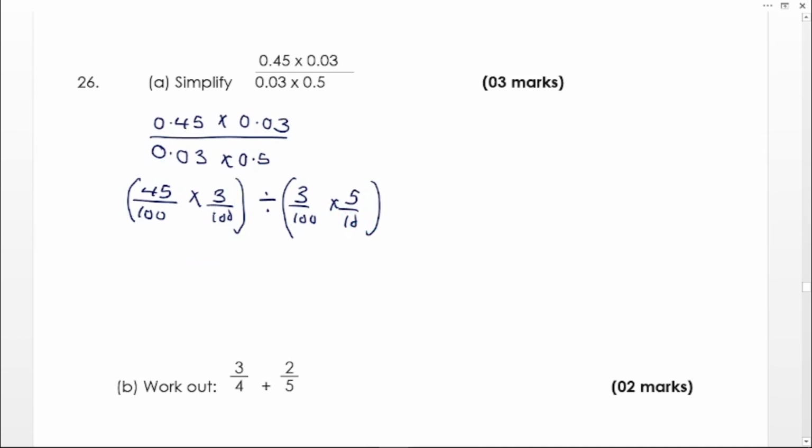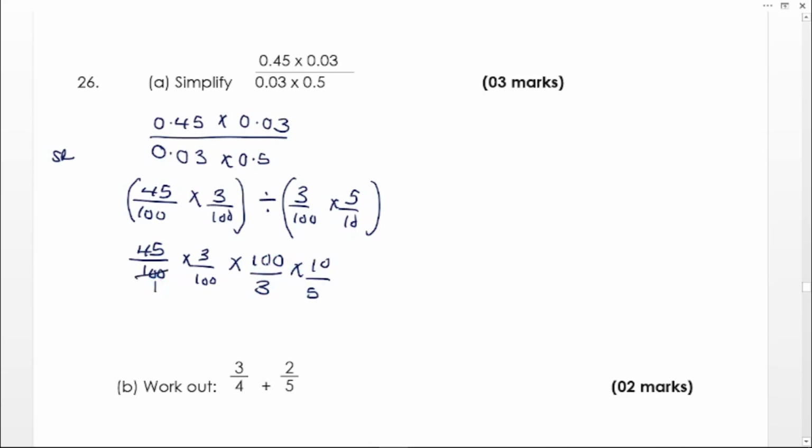Now here we don't have common divisors, so we are going to open the brackets. So what do you know about division of fractions? We normally use what we call the SR, whereby the sign changes and we get a reciprocal. Therefore this is 45 out of 100 times 3 out of 100 times, now the sign changing, the reciprocal of all these other fractions: 100 out of 3, then times 10 out of 5.